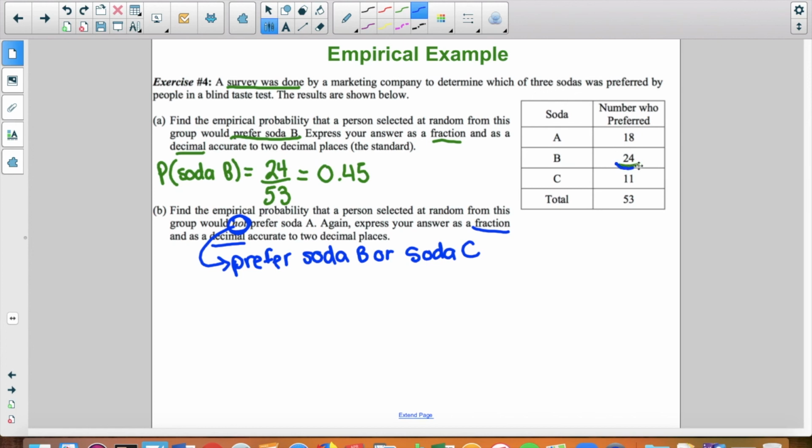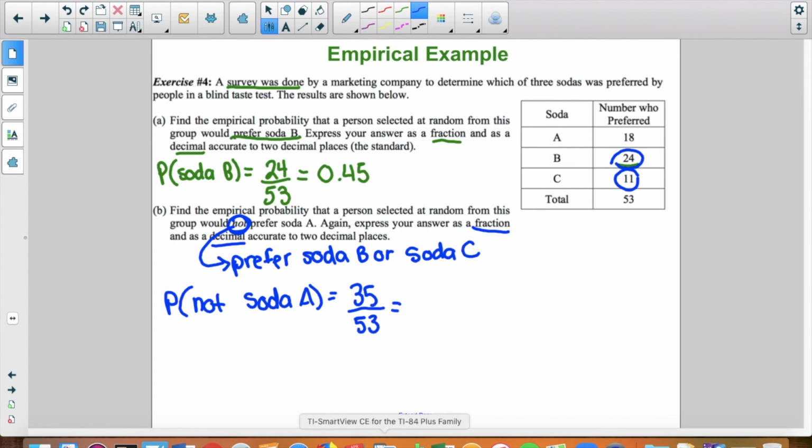So there are 24 people who prefer soda B and 11 people who prefer soda C. So the probability that they would not want soda A, well, if we add up these 2 numbers, 24 plus 11 will give us 35. So 35 people do not prefer soda A. They prefer soda B or soda C out of the 53 people who were surveyed.